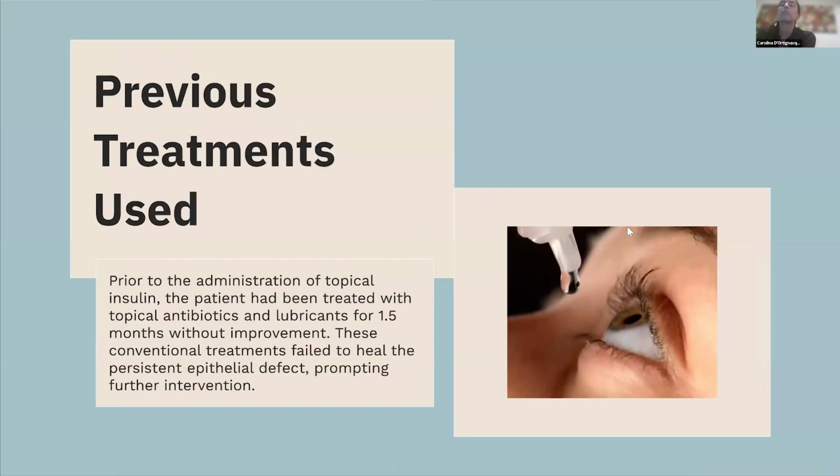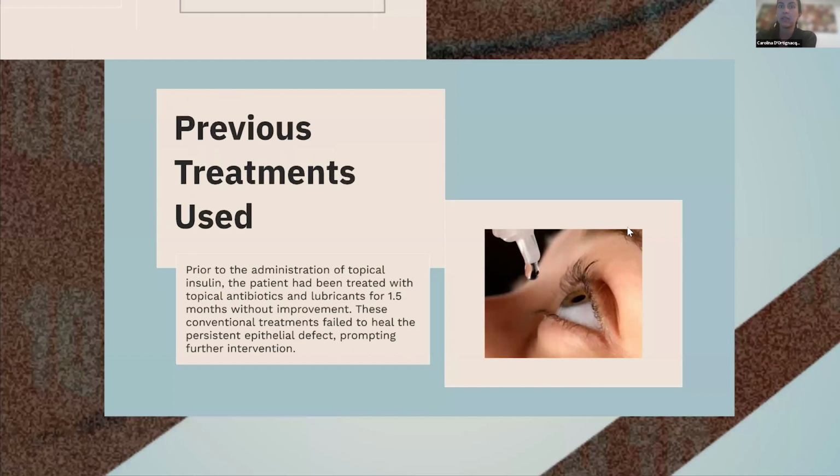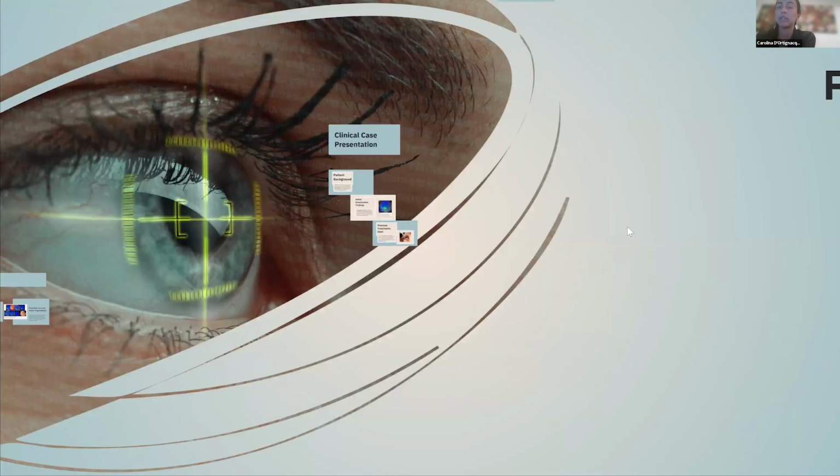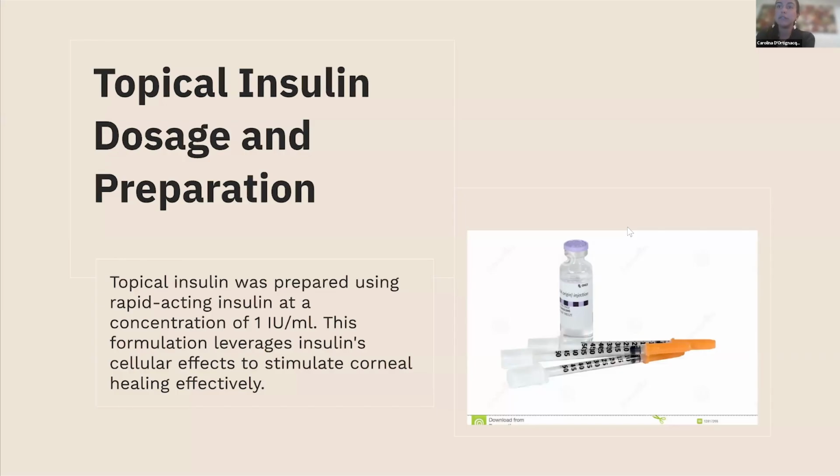Prior to administration of topical insulin, the patient had been treated with topical antibiotics and lubricants, and it wasn't improving. These conventional treatments failed to heal the persistent epithelial defect, prompting further intervention. The methodology I used was topical insulin, prepared using rapid-acting insulin at a concentration of 1 unit per milliliter.